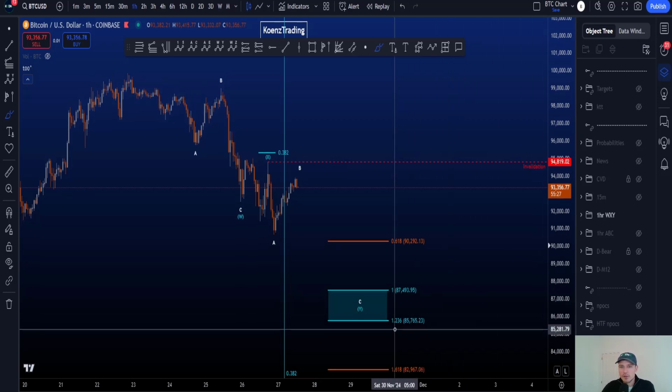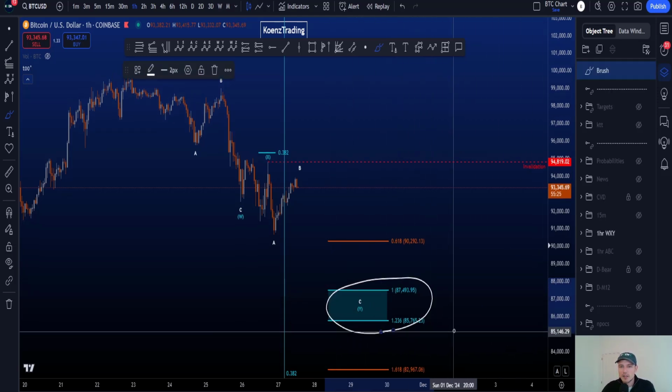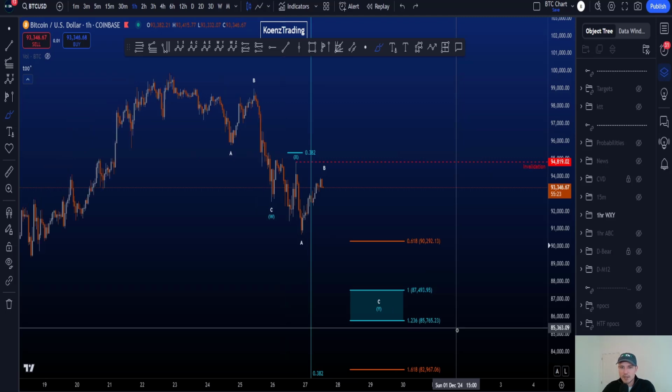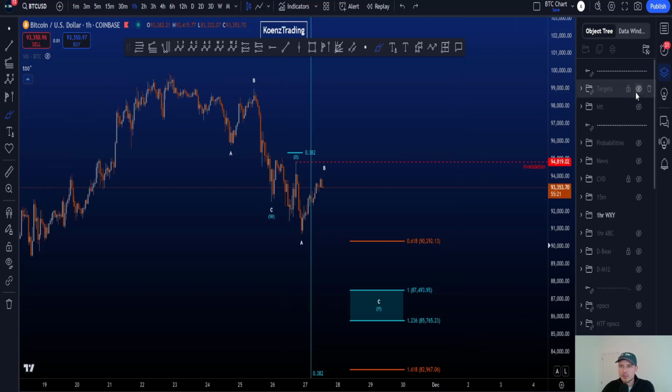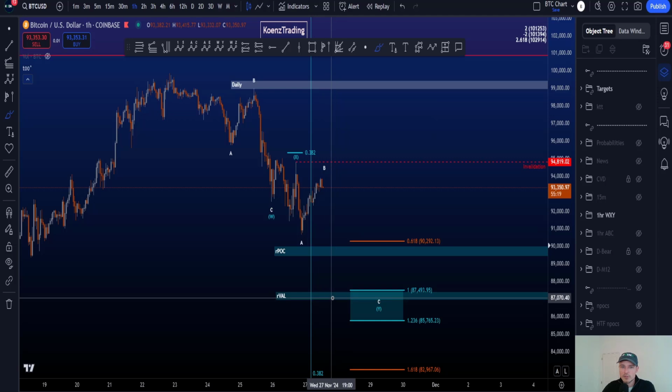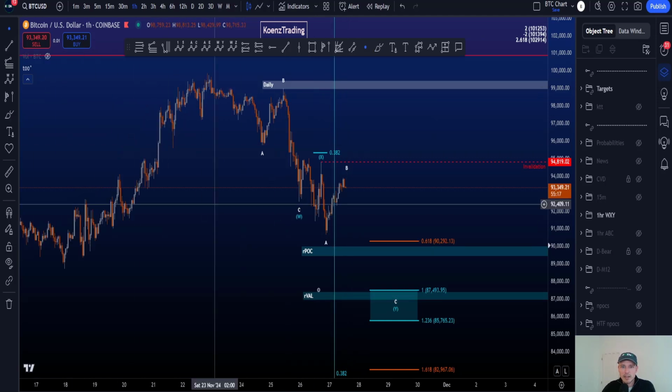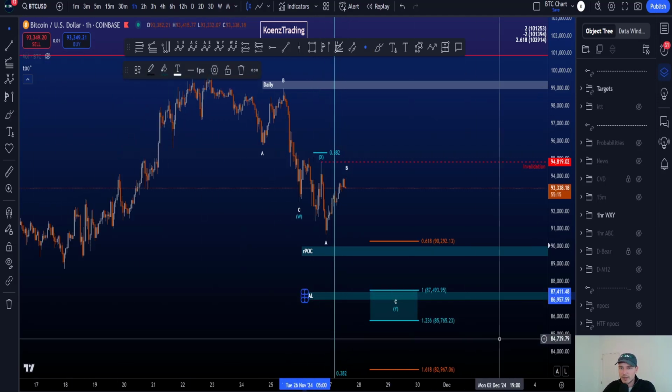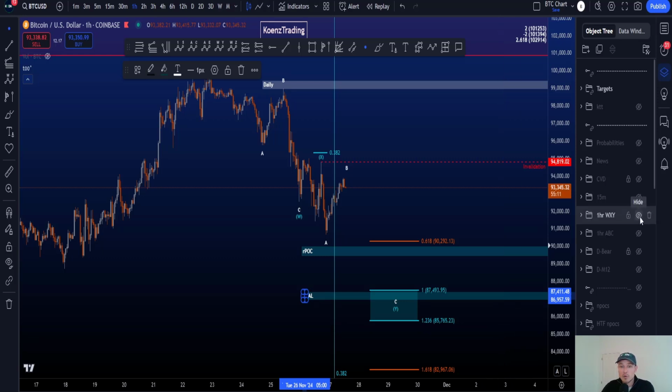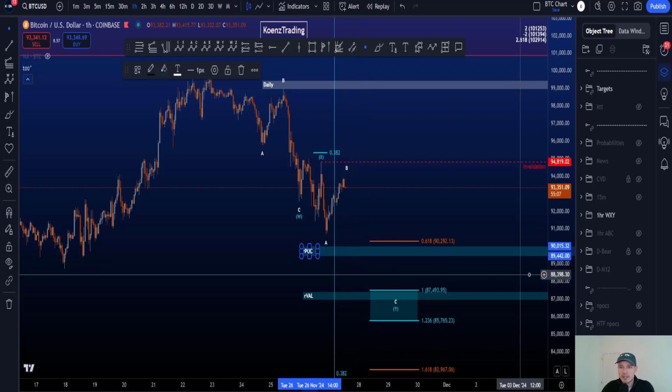Now the target for your wave C here and your wave Y would be 87.5K, 85.7K, which also is in confluence with one of these support boxes that I have to the downside here, sitting between 86.9 and 87.4K. So that is actually quite nice. It does then have to pass this support area here between 89.4K and 90K.